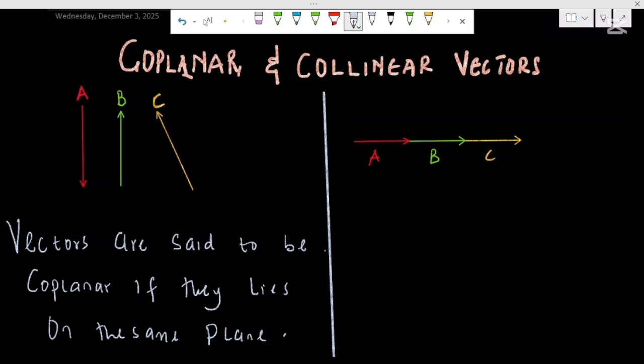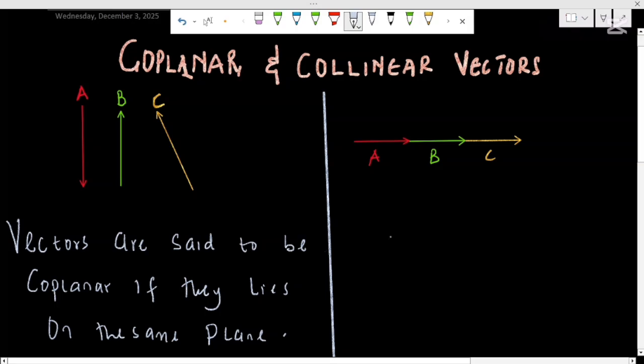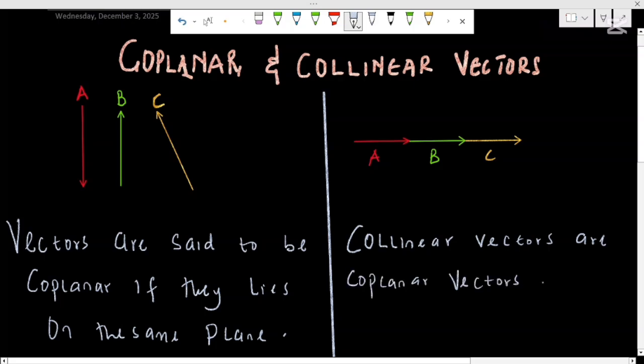So we can say collinear vectors are coplanar vectors that lie on the same line.